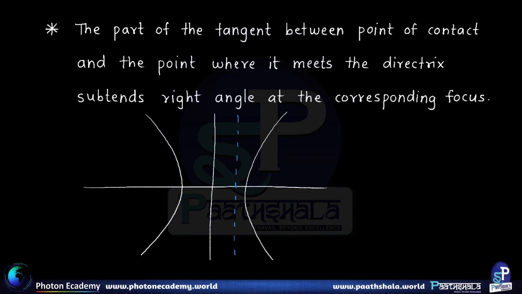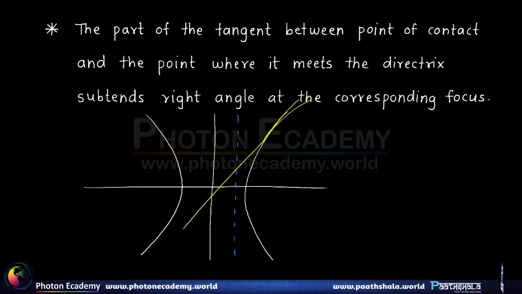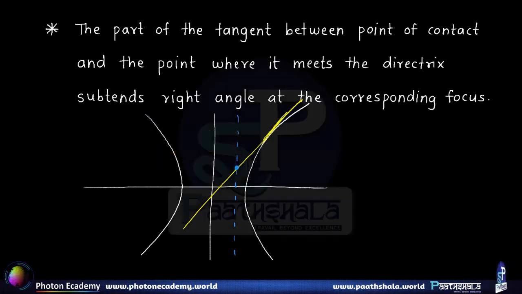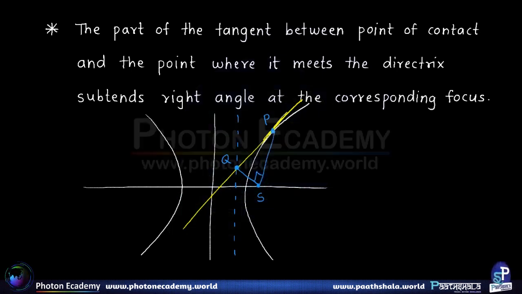Here I consider some tangent drawn to the hyperbola. Then let us show the point where it cuts the directrix. Let us call that point Q, and the point at which the tangent is drawn, point P. And here I have the focus, that is S. Now, if you join QS and PS, it will be a right angle. That is what this property is saying.